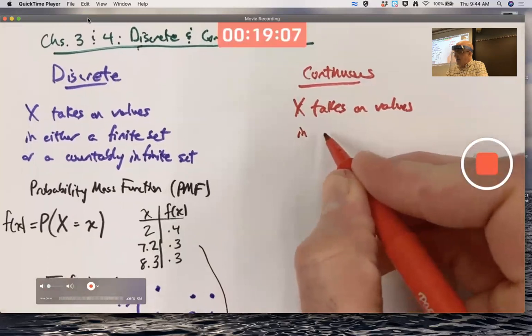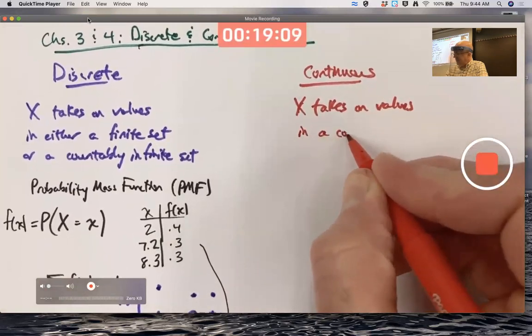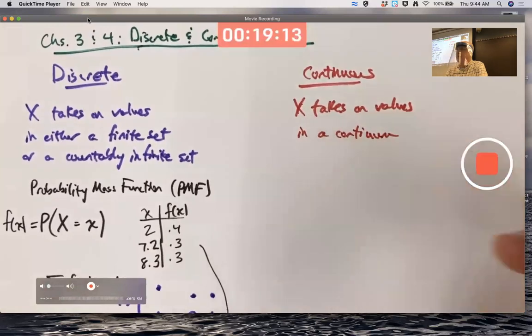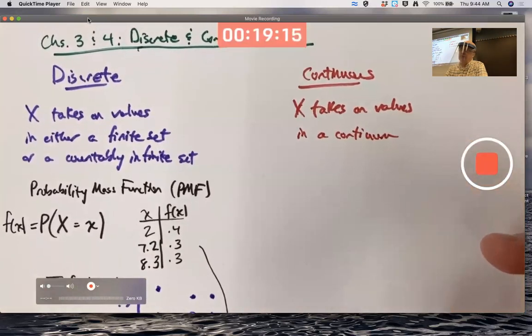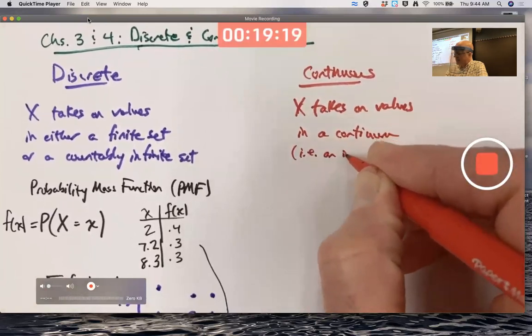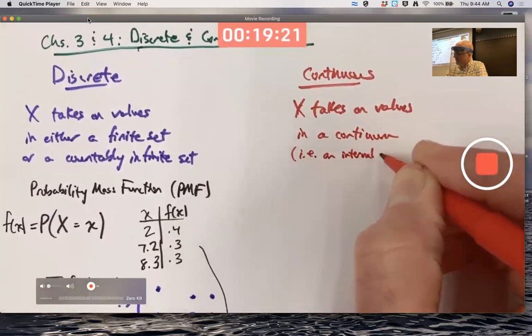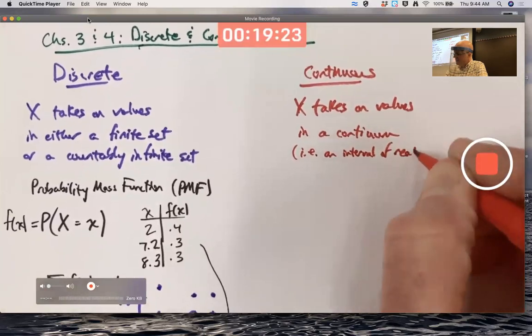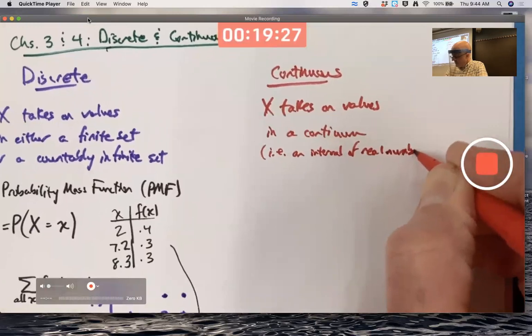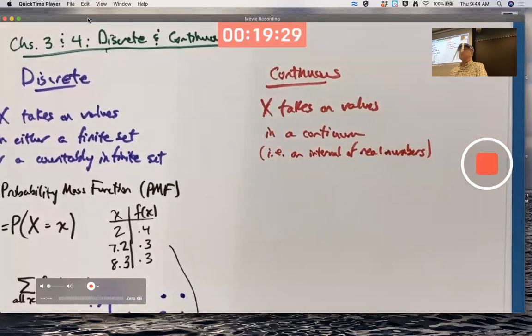You usually say in a continuum. And what is a continuum? Well, essentially, it's an interval of real numbers. Maybe the entire real number line, or maybe some smaller interval.